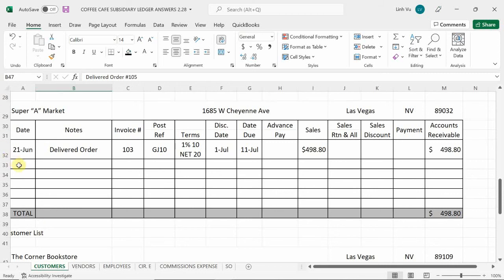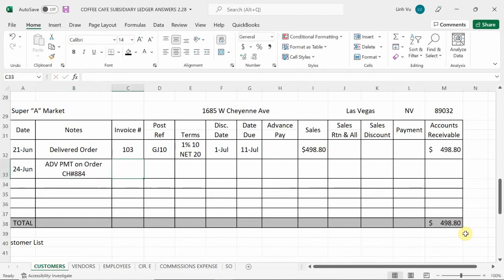Okay, I need to make sure that that balance doesn't change because in this case, he gave me an advance payment for an order. Okay, so that's what you're going to make a note here: this is an advanced payment on order. Okay, and he gave me check number 884. Okay, and this is sales order number 107.